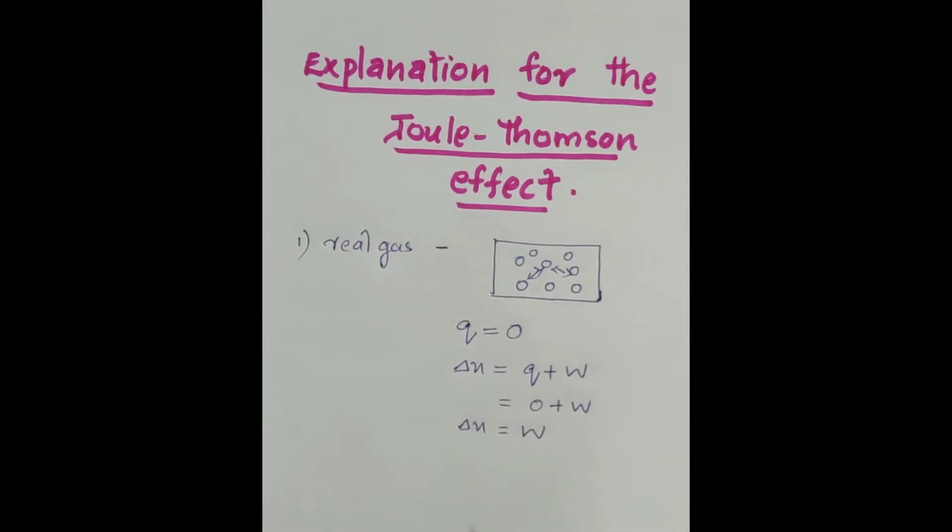Remember that here the gas is expanding adiabatically. Q is equal to 0 for an adiabatic process, and from the first law we get delta U is equal to W. Here work is done by the system, so W is negative.